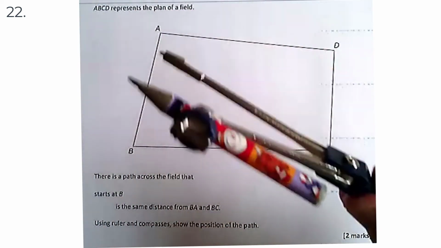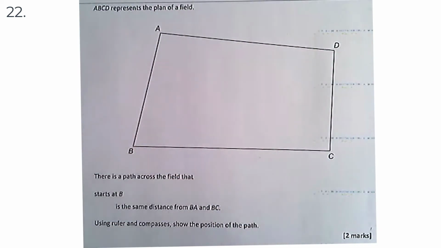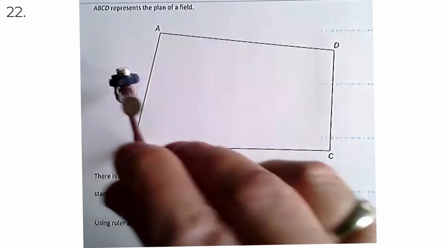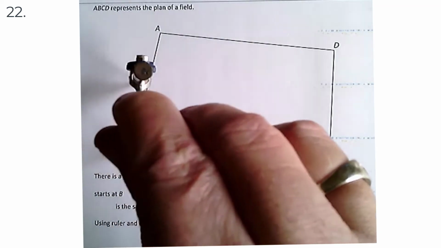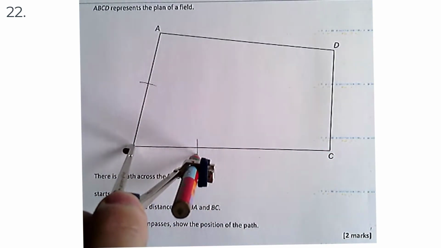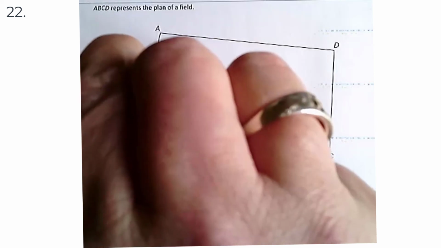Right, what we need to do is to create an angle bisector at B. So putting your compass point at B, draw an arc that crosses BA and BC at the same distance, without changing the aperture. Then move the compass point to the mark that you made and draw a mark in the middle.